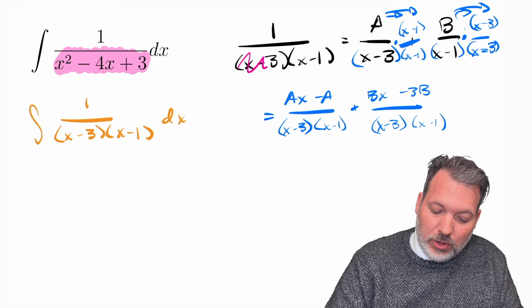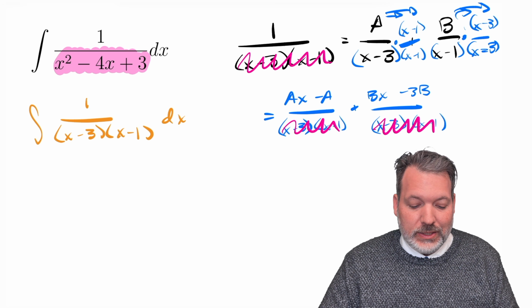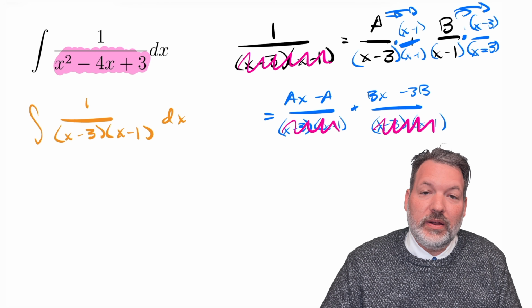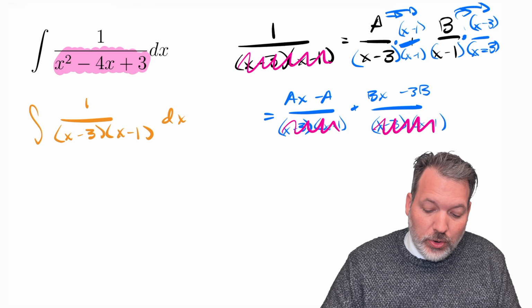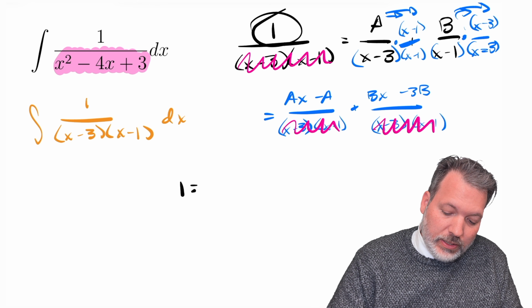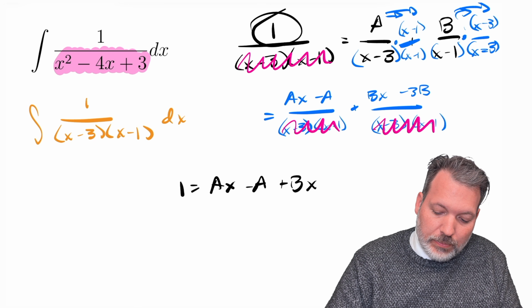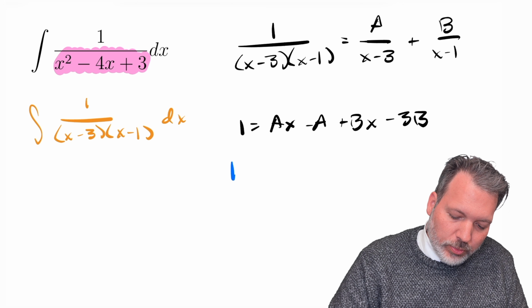And then from there, so long as x is neither 3 nor 1, which is an assumption we can make since this is an indefinite integral instead of a definite integral, we can just ignore those denominators and say, well, I guess what I want is for 1 to be equal to ax minus a plus bx minus 3b. We can do a little rearranging here.